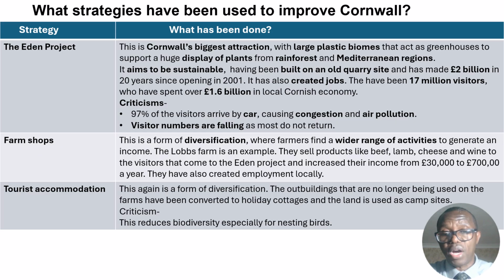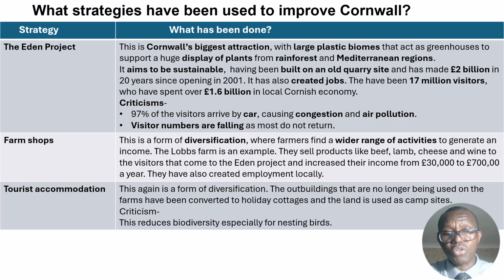And the Lobbs farm is a good example of that. They sell products like beef, lamb, cheese, and wine, mostly to the visitors that come to the Eden project. And this has increased the income of this particular farm from 30,000 to 700,000 every single year. Now that is quite a substantial increase in income. And this obviously has also created employment locally.